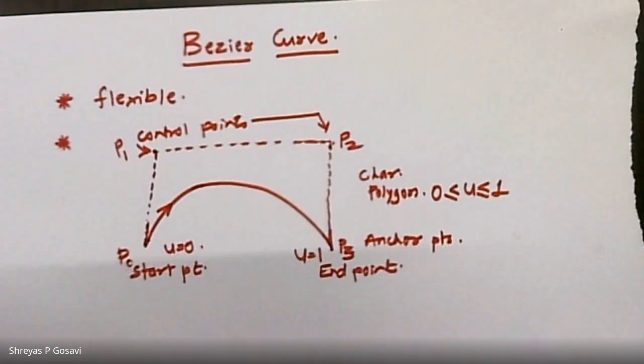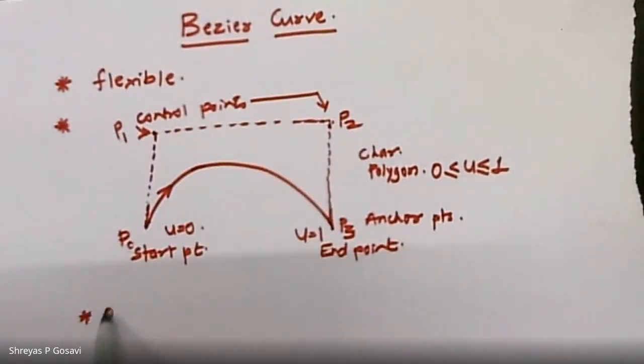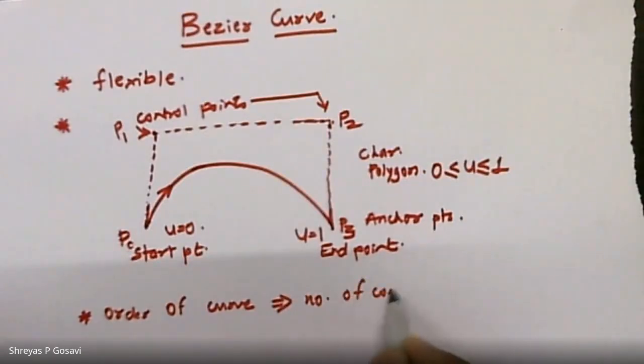So this gives rather more prediction about the curve for the designer. That is, by merely looking at the control points, he can define the degree of the curve. So the order of the curve is determined by the number of control points.